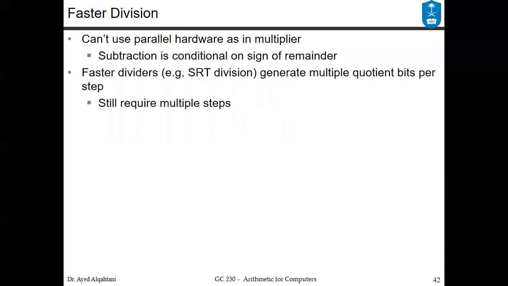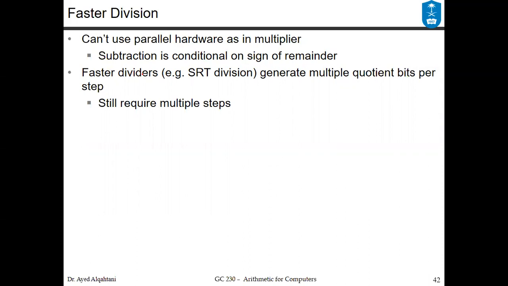And for the faster division, you think that we can do a parallel division like what we did in the multiplier, but we cannot do that for the division. The subtraction is conditional on the sign of the remainder.